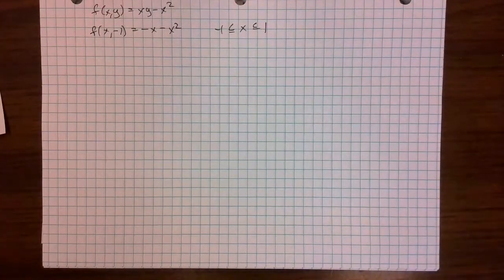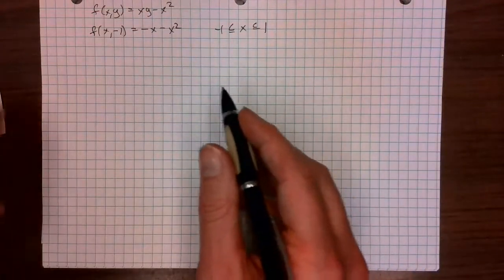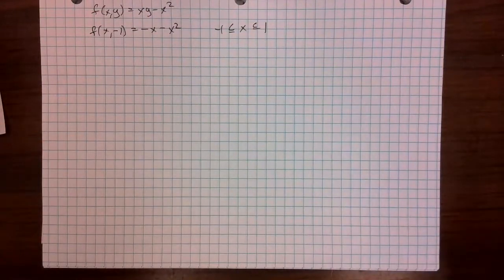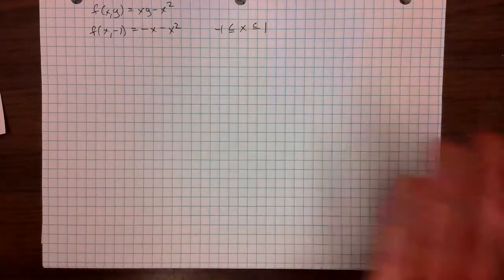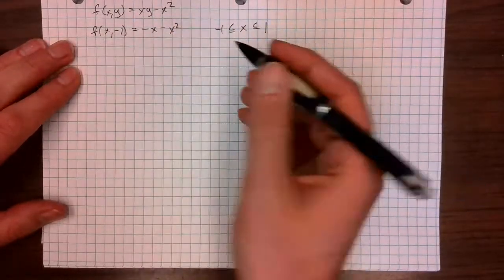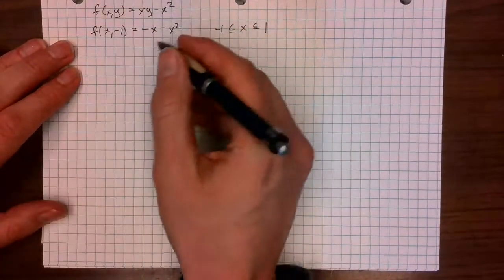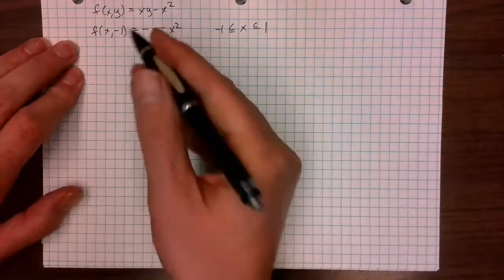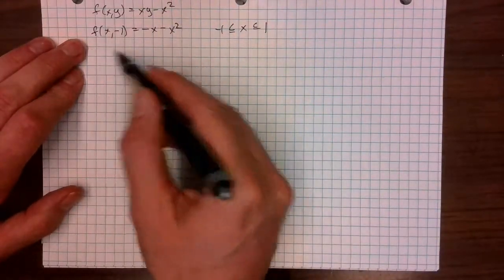Now, in calculus 1, how would you do this? Well, you would again find the critical points. So you look at the derivative of this guy with respect to x. This is just a function of x.